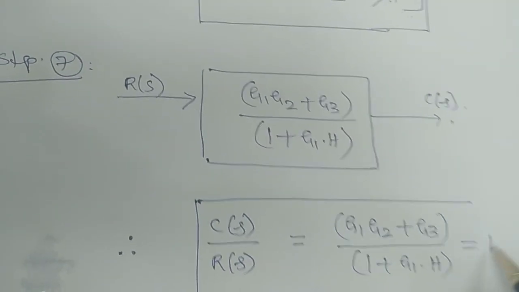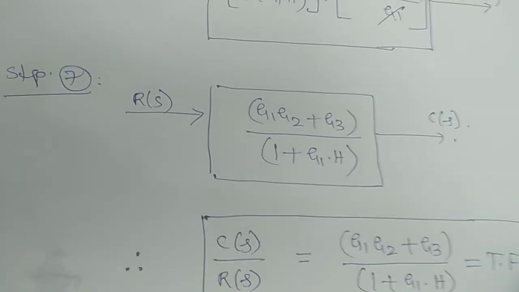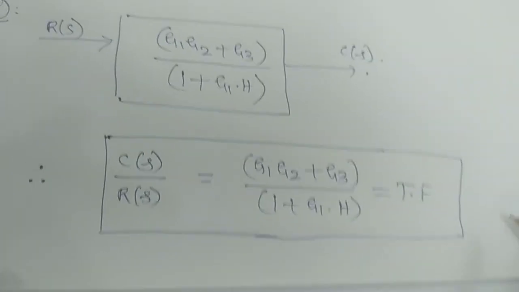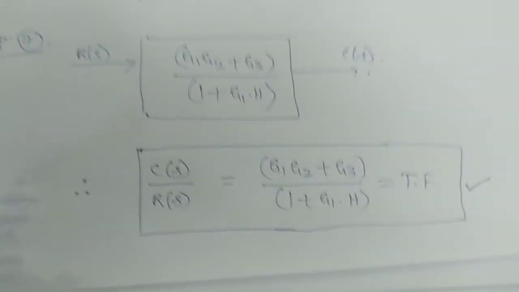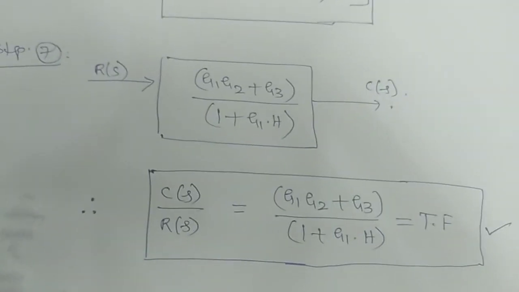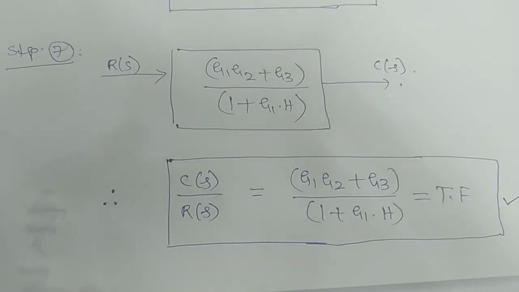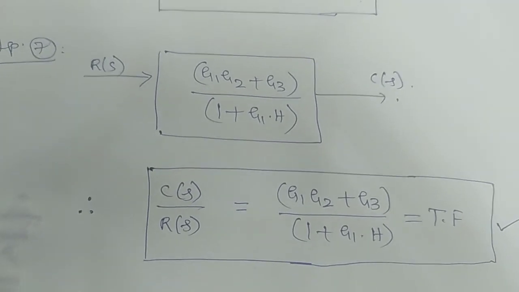This is what your transfer function. This is how you have to simplify the given transfer function using the block diagram reduction rule.